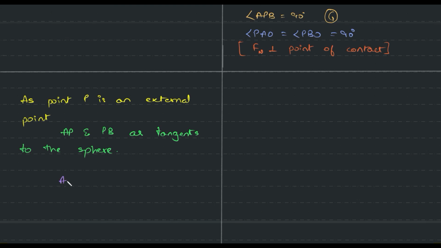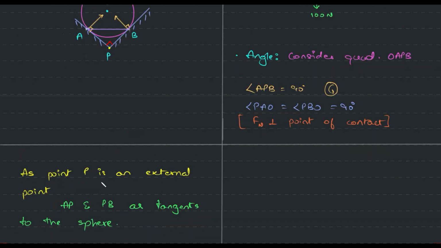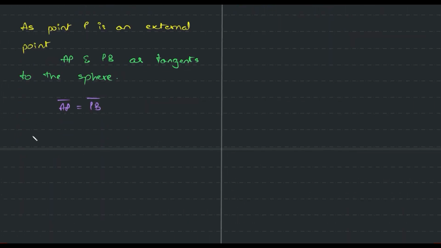So AP has to be equal to PB because for tangents from an external point, the lengths are equal. So from all of the above information, what can you conclude? Thus, OAPB has to be, yes, what should it be? A square.